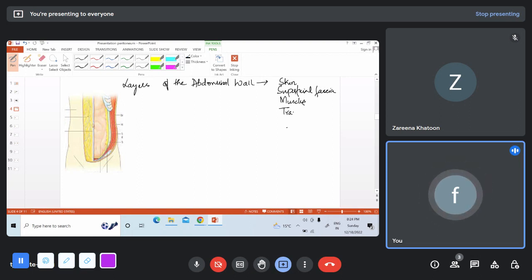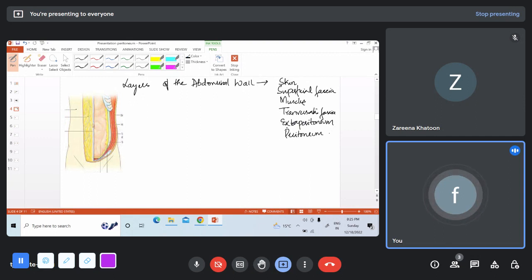So in the abdomen, this is named as transversalis fascia or fascia transversalis. Okay, beneath this, we have extra peritoneum which lies above the peritoneum. All right. Okay. So these were the layers of the abdominal wall.